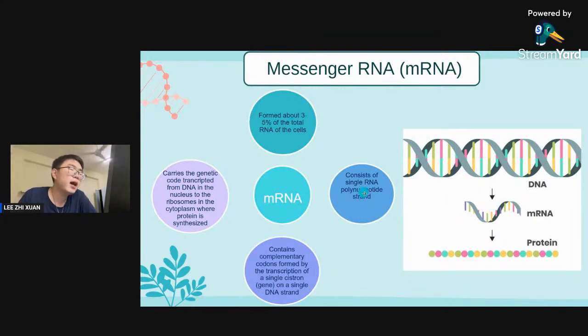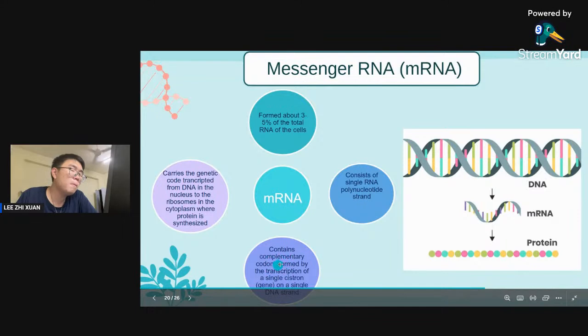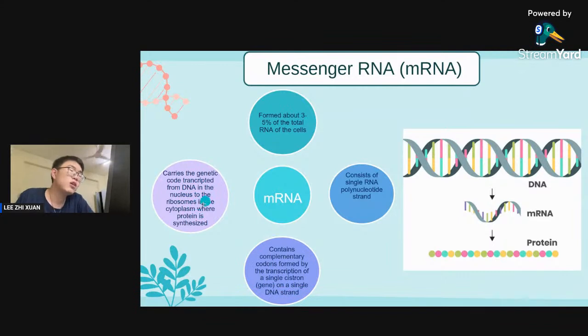Normally mRNA is a single RNA nucleotide polymer chain and contains complementary codons formed by the transcription of a single cistron gene on a single DNA strand, and carries genetic code transcribed from DNA in the nucleus to the ribosome in the cytoplasm where protein is synthesized. It forms about 3 to 5% of the total RNA of the cell.